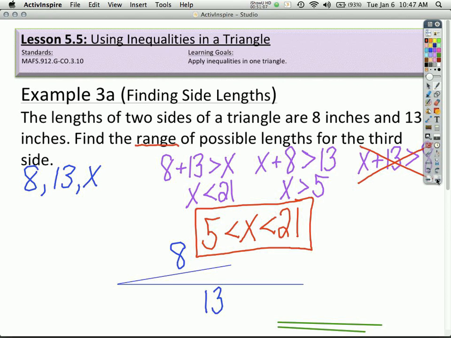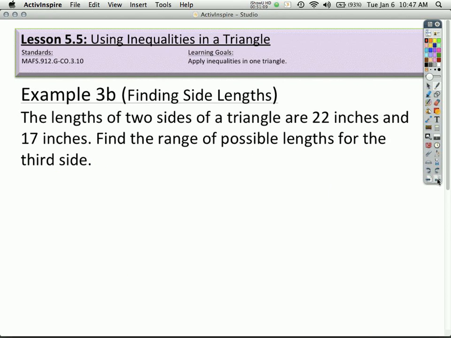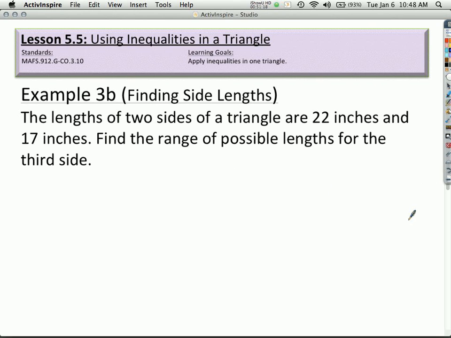Questions or concerns? Okay, so let's just explore it again, this time without a picture. We are given the sides of a triangle, 22 and 17 inches. What's the range of possible lengths for the third side? So let's explore the two scenarios because we want the range.